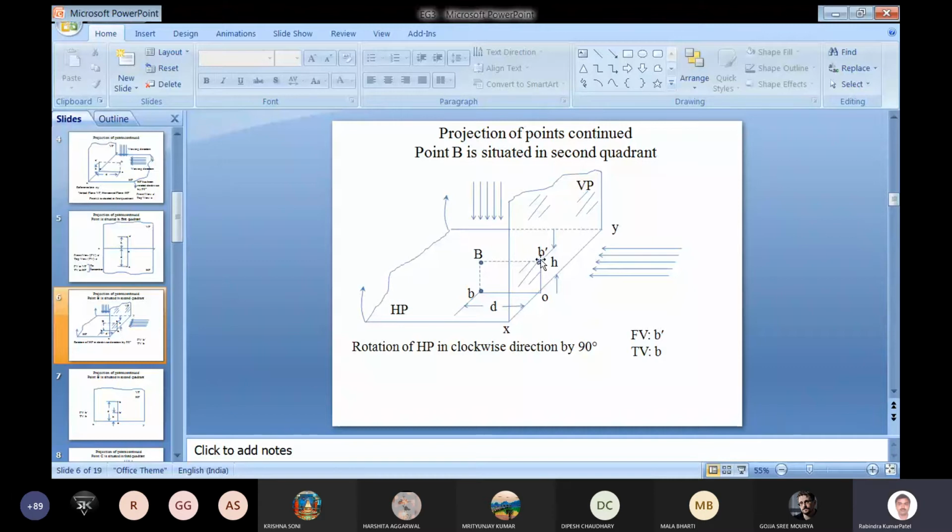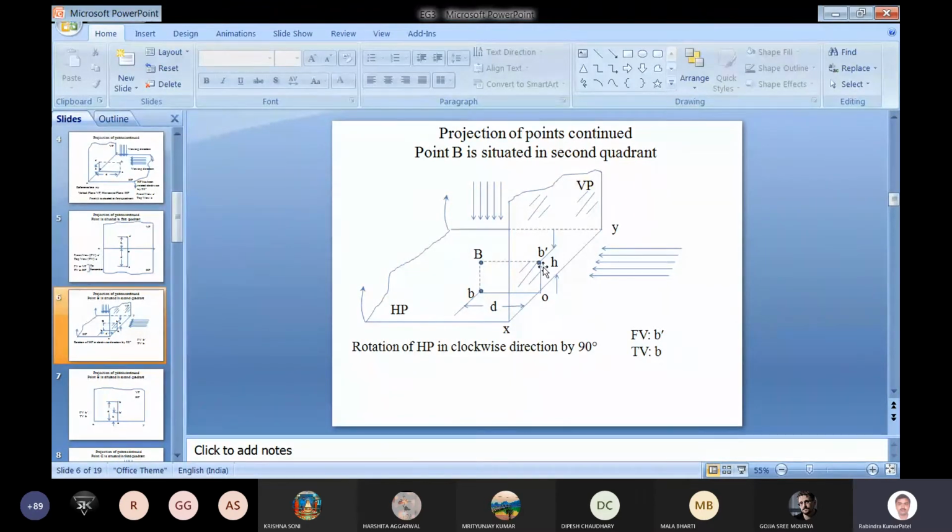What we will do in this case, we will again rotate the horizontal plane only, in the clockwise direction by 90 degrees. So what happens in this case, both the planes will overlap each other. If we have the height and distance the same, then both the projections will come at a single point.